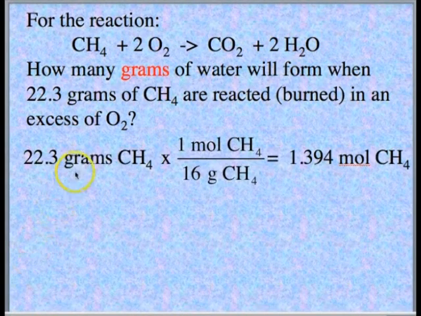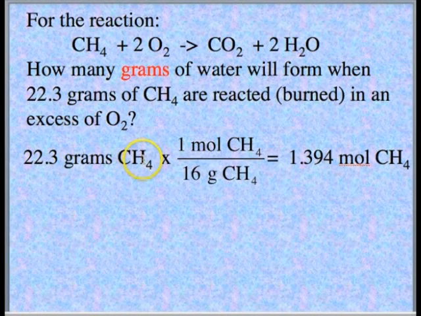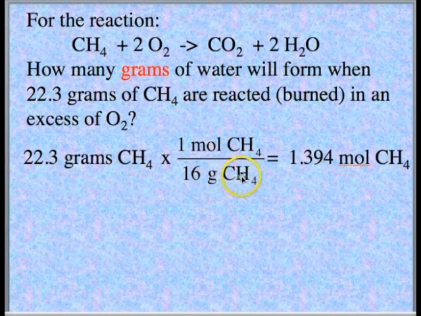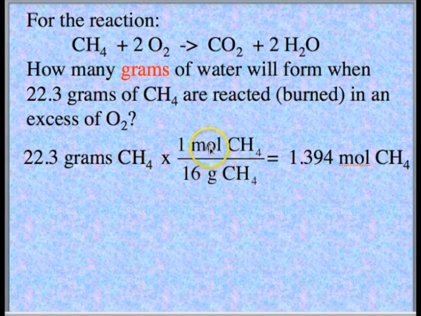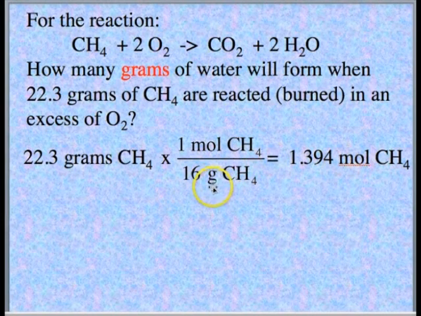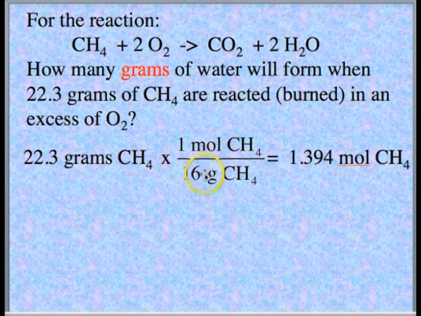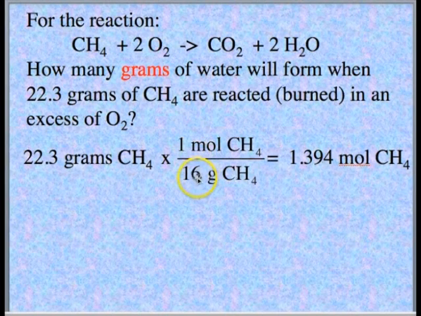So it's going to look like this. First, we take our 22.3 grams of methane. There are 16 grams of methane per mole of methane. We're dividing by the 16 grams of methane, so grams of methane cancel out, and we're left with moles of methane. And just an aside here, do you see how careful I'm being to label my units, so that I don't end up doing something stupid like putting 16 grams on top and 1 mole on the bottom.